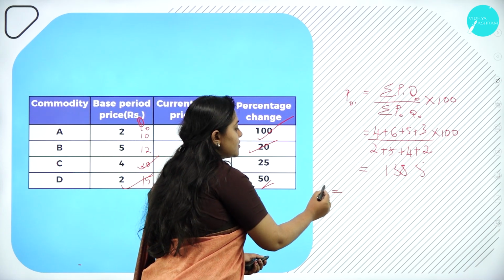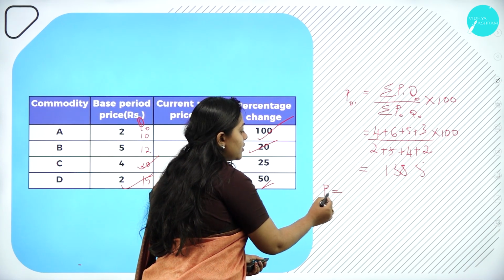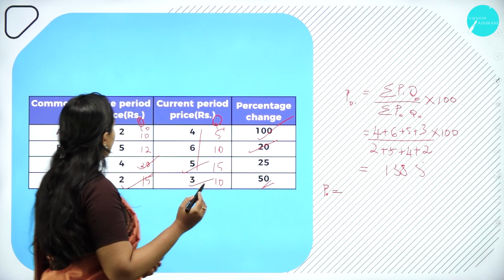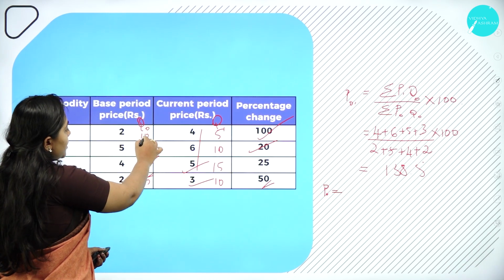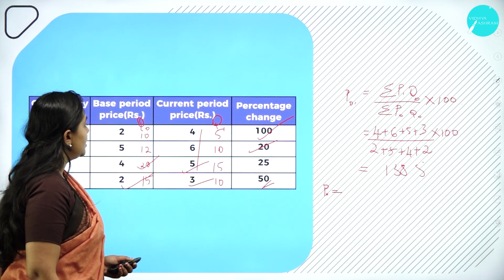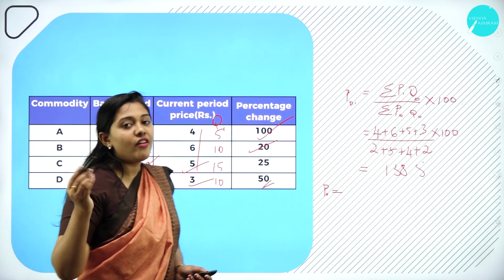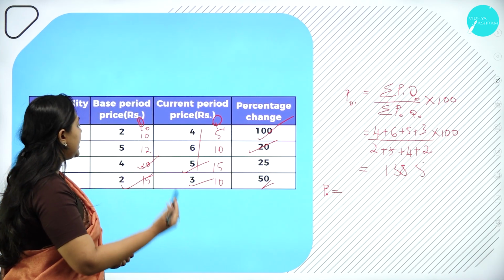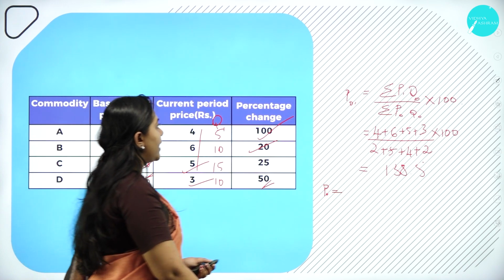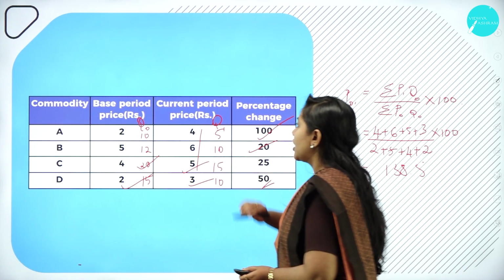Price index will be, so what is the quantity that we have? The base period quantity: we have 10, 12, 20 and 15. So let us add the values with the current period.